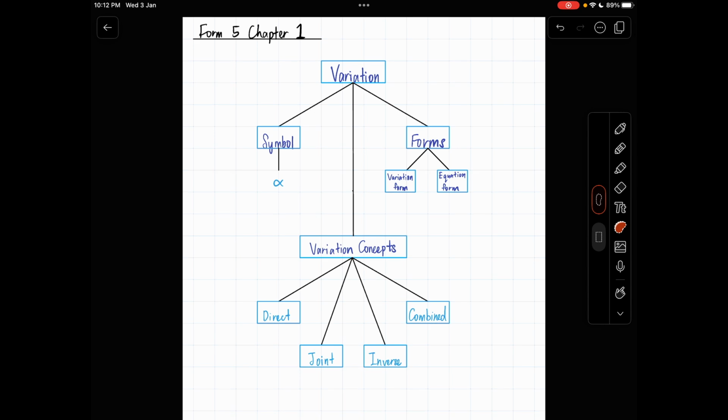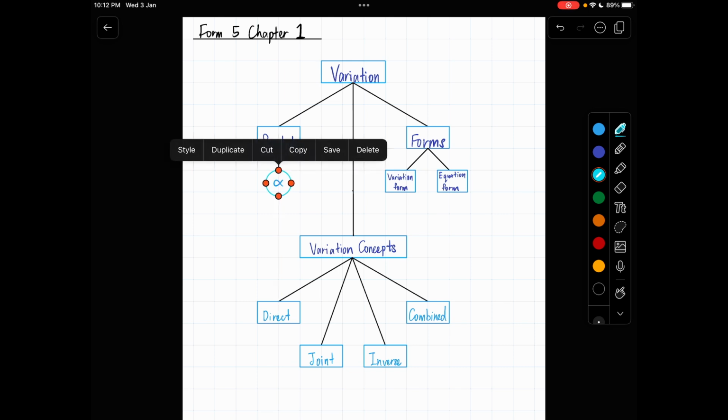So firstly, I have made a mind map here so that you can get an overall understanding of what we will be covering in this chapter. We have three main parts, namely the symbol, the forms, and also the variation concepts.